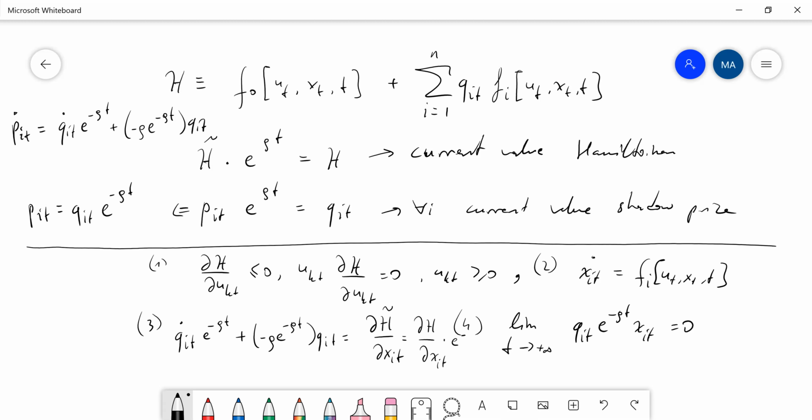Of course, sorry, there's a minus here. So if you cancel out these e to the minus rho t terms, you find q_it dot minus rho q_it equals minus the derivative of the current value Hamiltonian with respect to x_it.